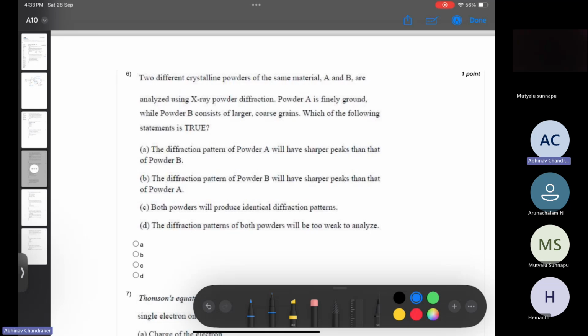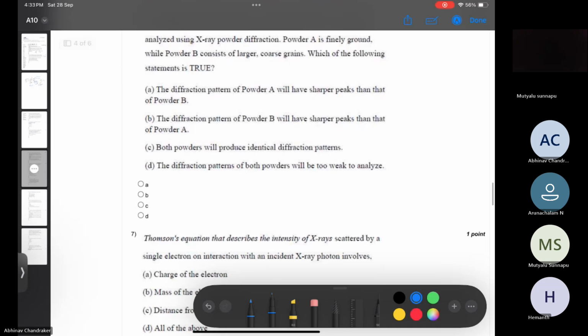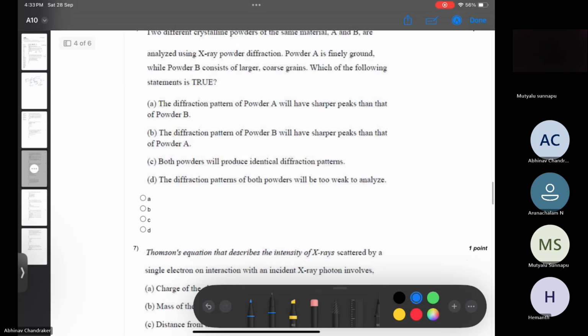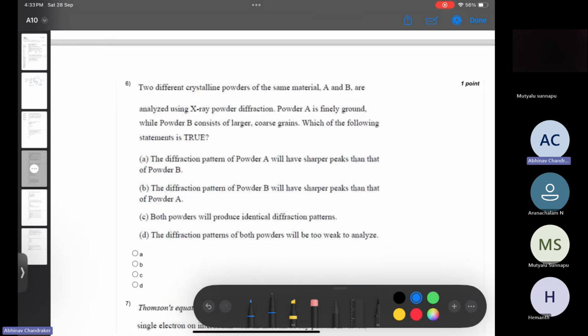So here we wish to know what kind of diffraction pattern we'll see for two powders having different sizes.